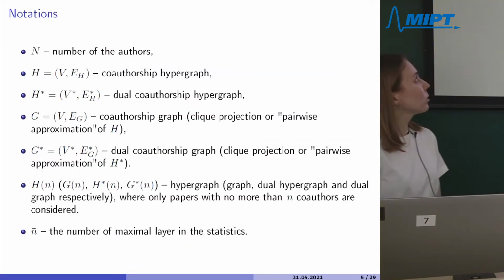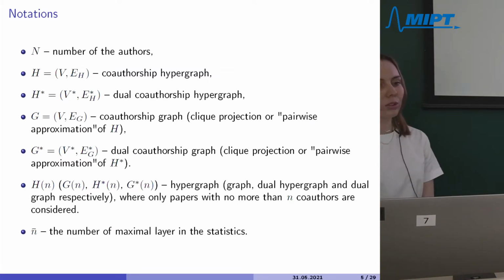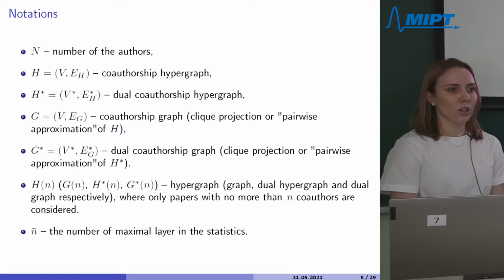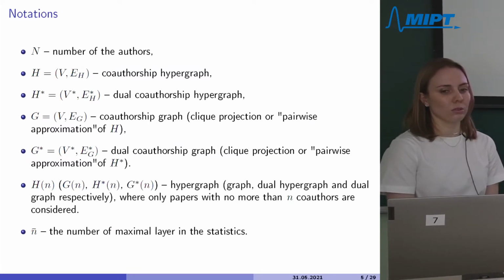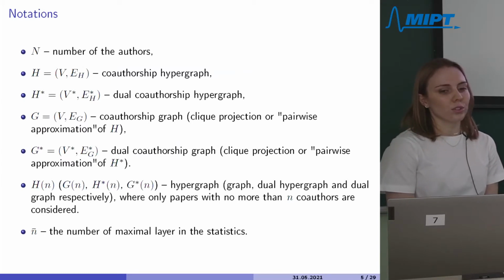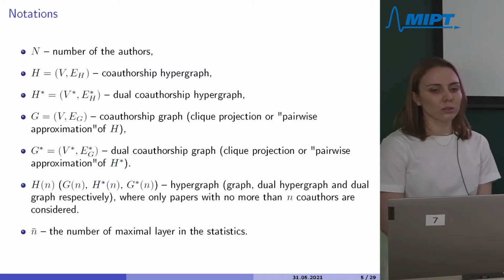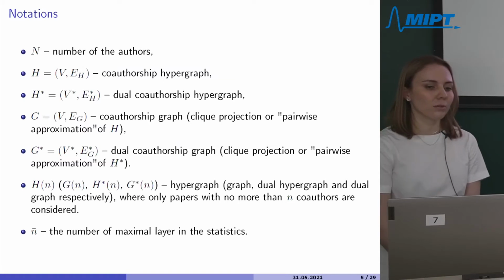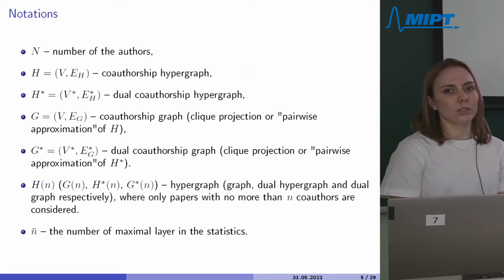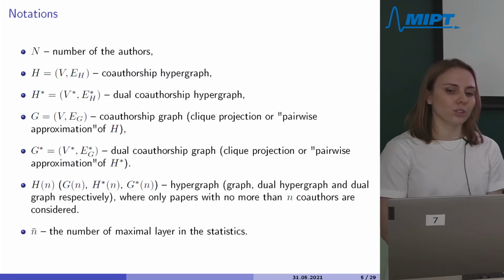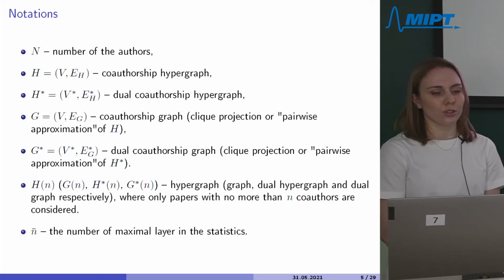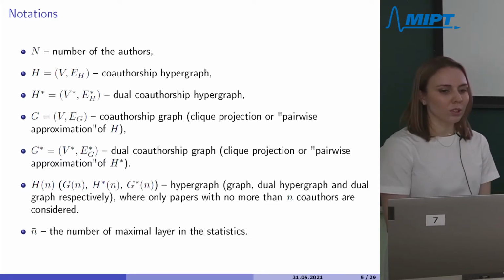Some words about the notation used. N stands for the number of authors. H is the co-authorship primal hypergraph. H with star is the dual hypergraph. G and G star are clique projections, or pairwise approximations, of H and H star respectively.